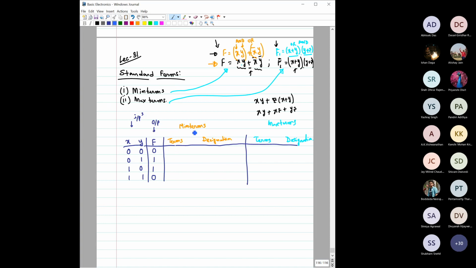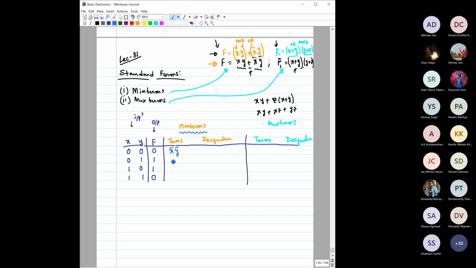So when we're writing in terms of these minterms, for 0, 0, it is represented in this way: x bar, y bar. So x is 0, and the representation is x bar, and y is also 0, so the representation is y bar.